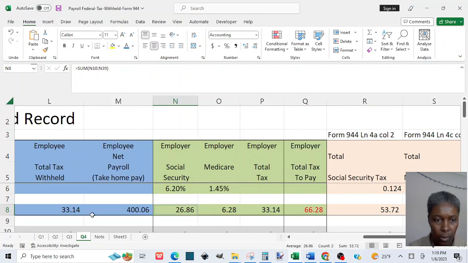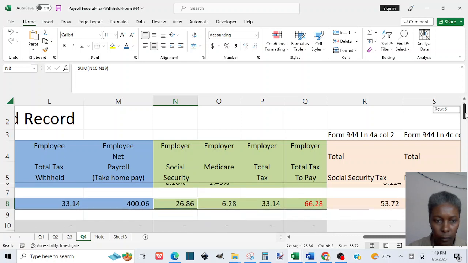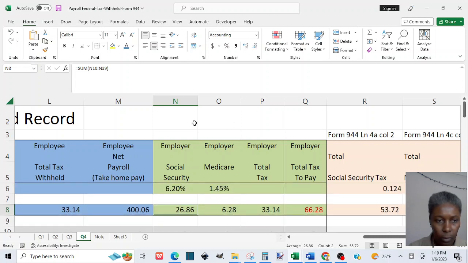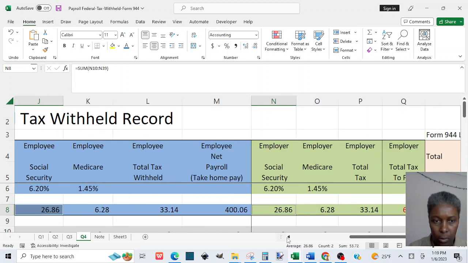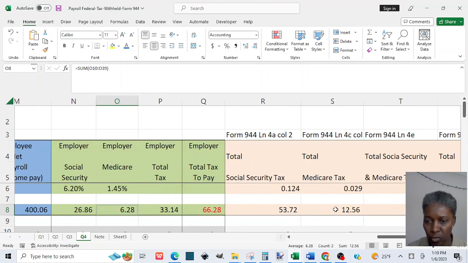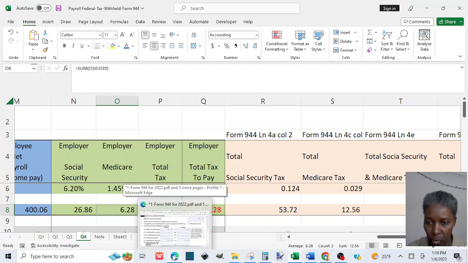Employee Medicare 1.45%, and that's the total for all the employees. And the employer contribution is 12.56. So the spreadsheet is calculating it right, and our calculator is calculating it right.